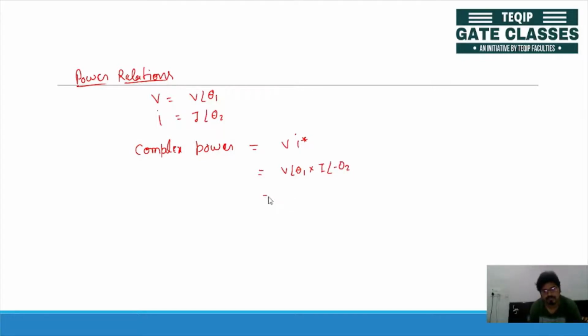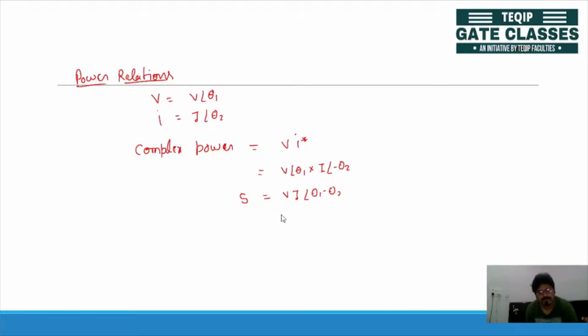So you will get V I angle theta 1 minus theta 2. It's basically the phase difference between voltage and current, which is nothing but your power factor angle. So this is your complex power, small s.